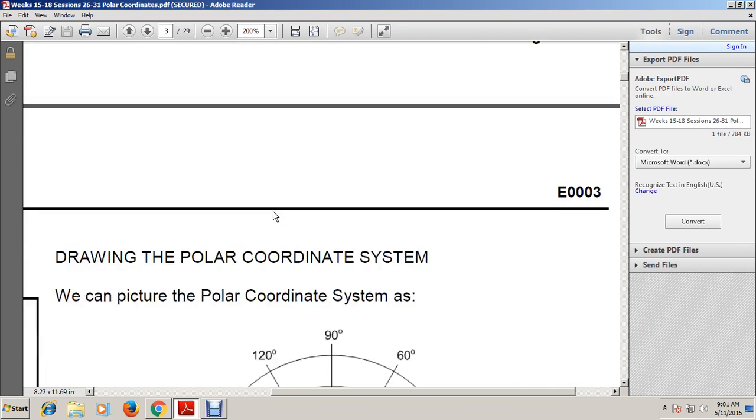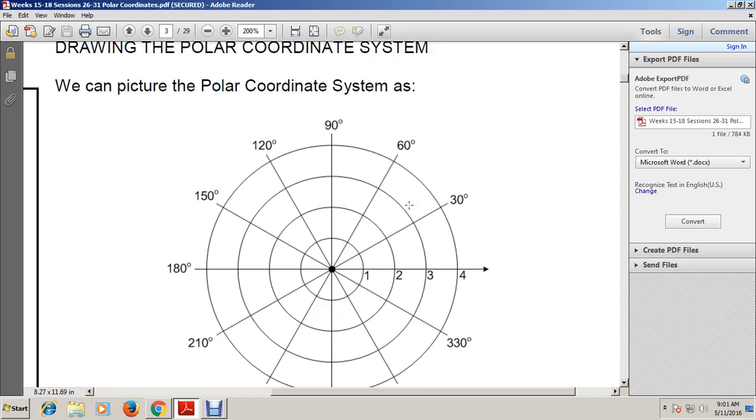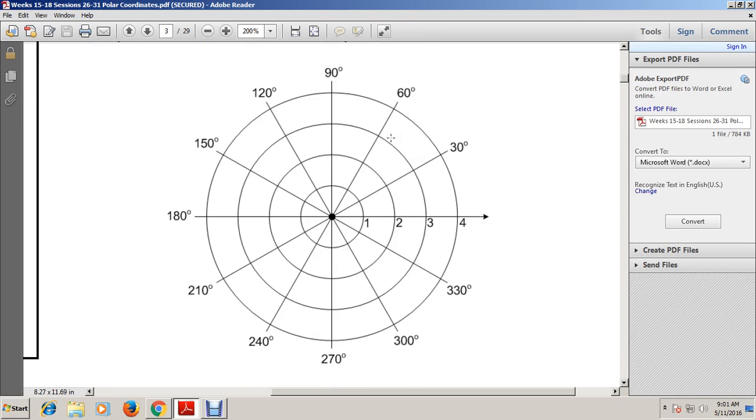Okay, so let's try to present some examples or drawings so that we can picture the polar coordinate system. Okay, so of course we are familiar with the rotation of our unit circle. So of course, the corresponding angles that the ray will make if you rotate the ray around the circle can be multiples of, for example, the special angles that we were introduced to during our trigonometry.